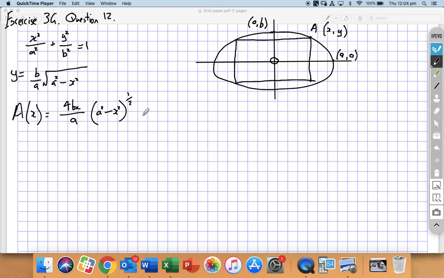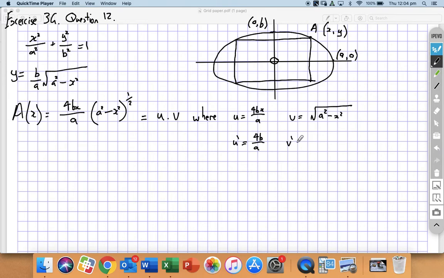Well, we could say that this function equals u times v, where u is 4bx on a, therefore u prime is just 4b on a, and v here is the square root of a squared minus x squared.